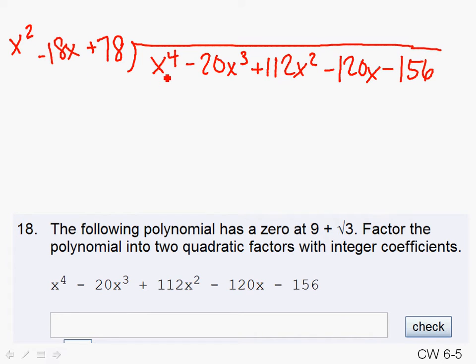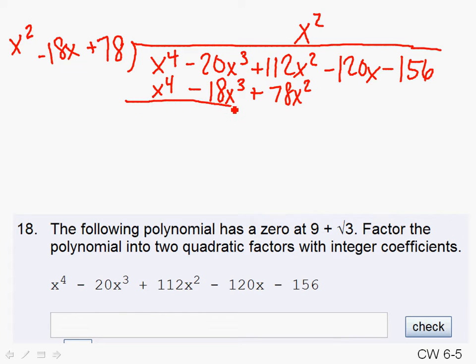X squared goes into x to the fourth, x squared times x squared is x to the fourth, x squared times negative 18x is negative 18x cubed, and x squared times 78 is 78x squared.